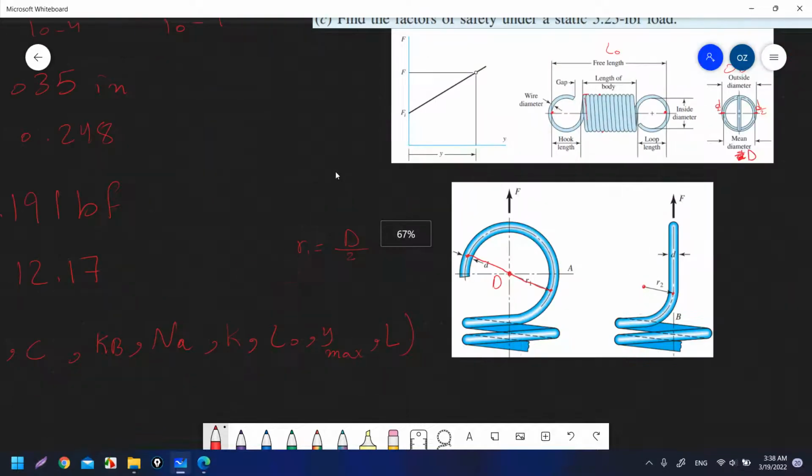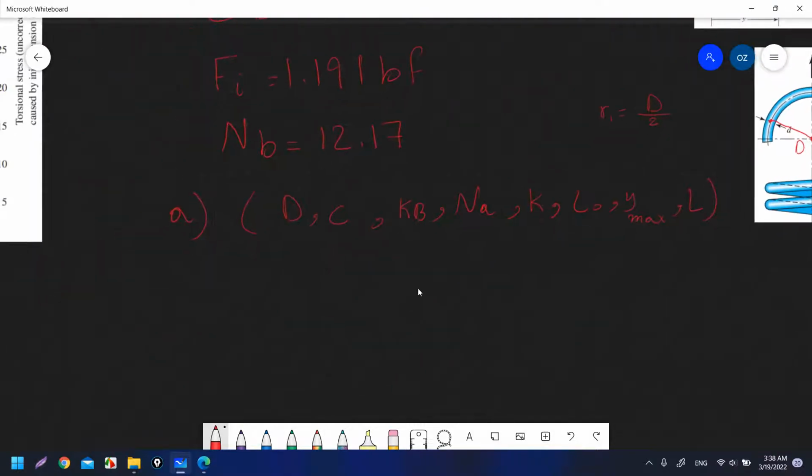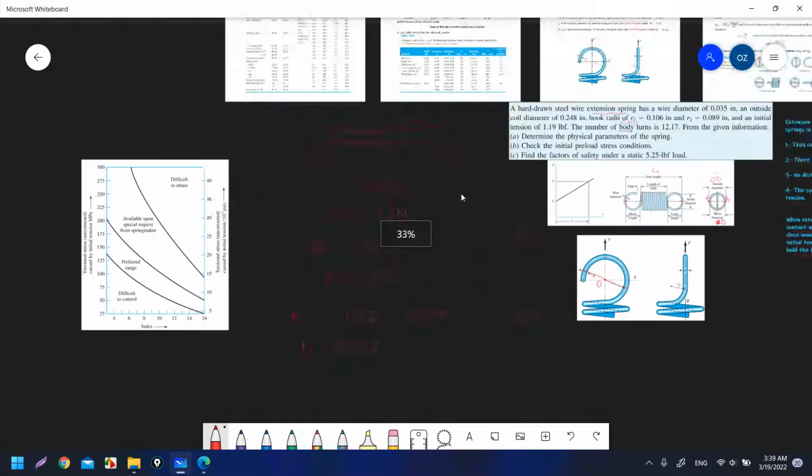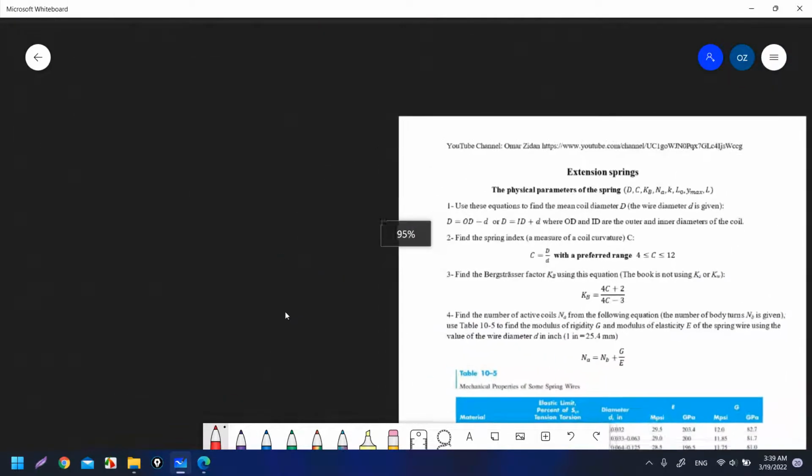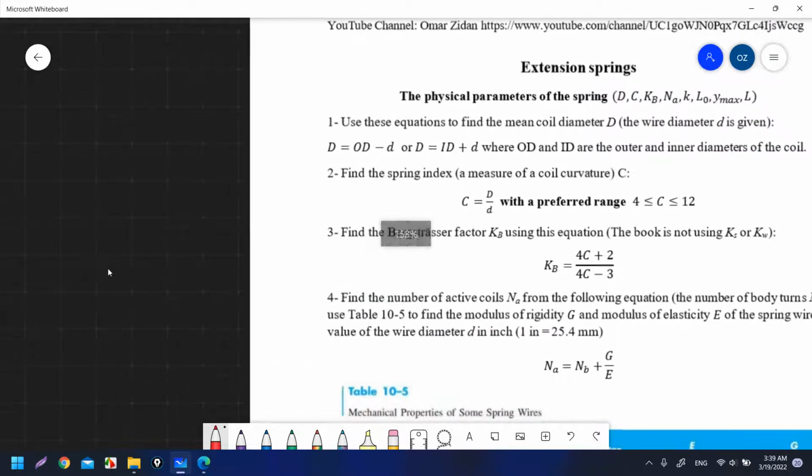So if I want to find D, the mean diameter, it is equal to the outer diameter minus the wire diameter, and I already wrote this equation here. Usually you will be given the wire diameter. If you are not given it, just assume a small value, which of course will not be larger than the coil diameter.